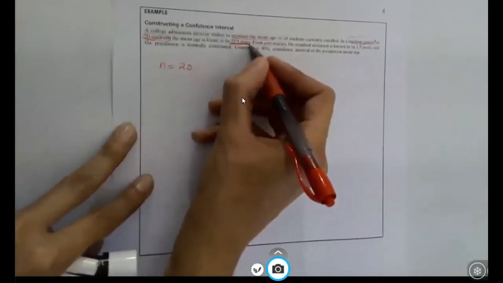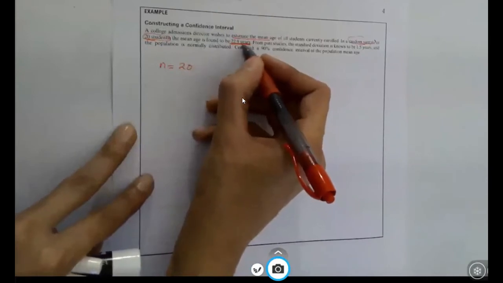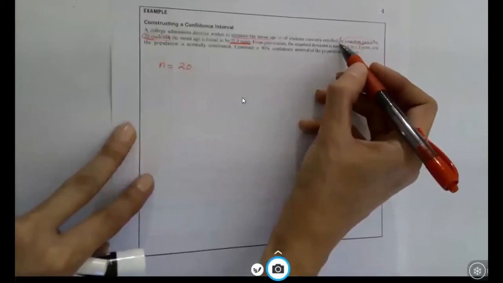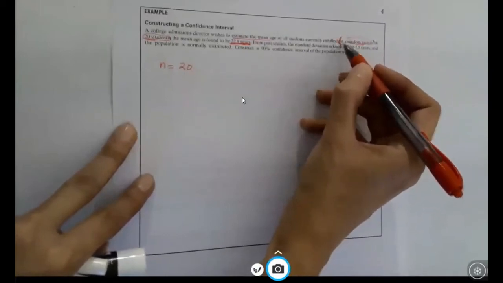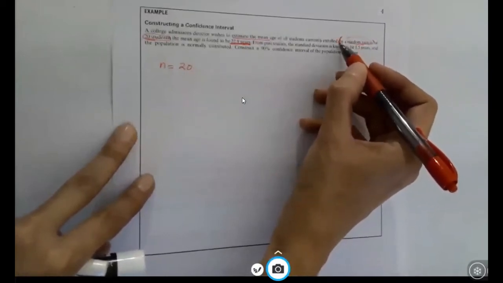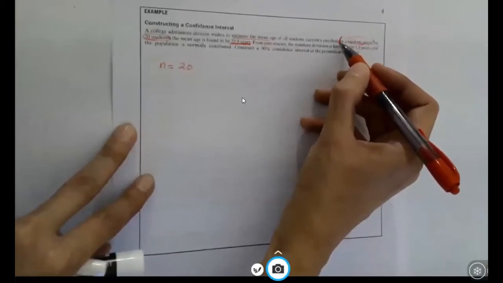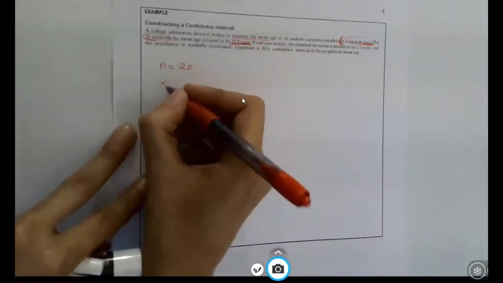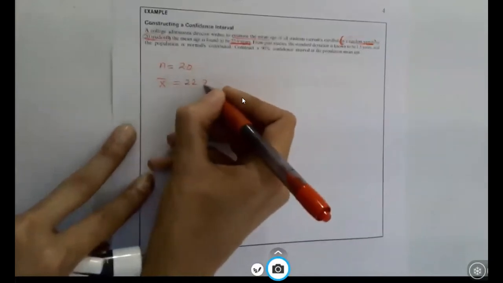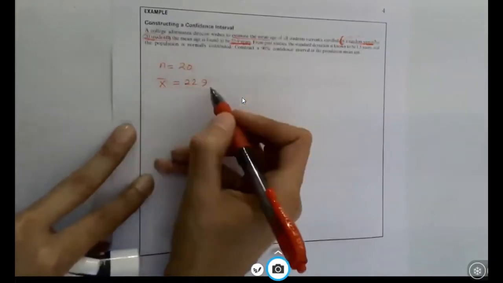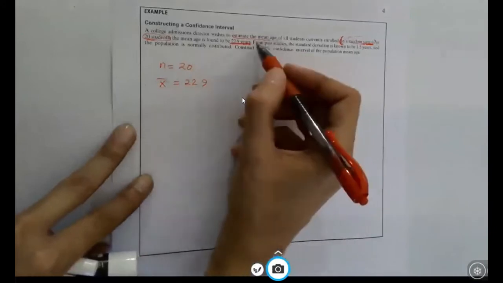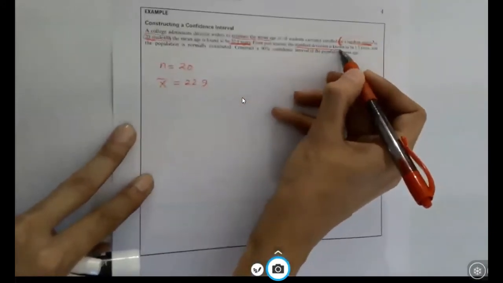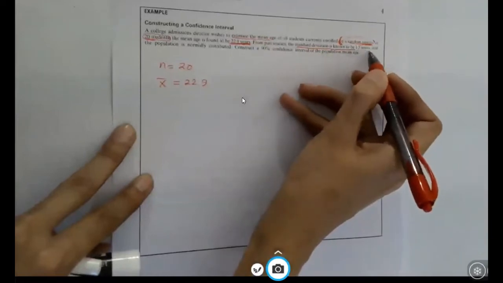What does this mean? Is this the mean of the population, or is this the mean of your sample? Take a look at the starting of this sentence: in a random sample, the mean is 22.9. So your X bar is given. The rest of the information: from past studies, the standard deviation is known to be 1.5 years.